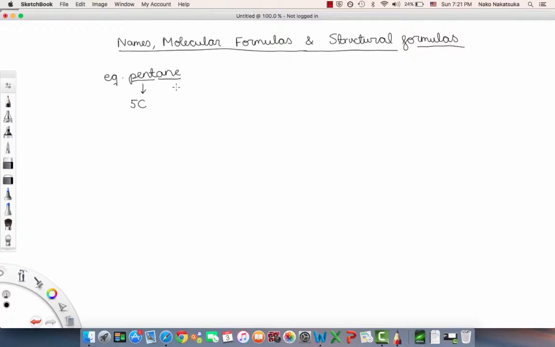Since the suffix is ane, it means that you have an alkane, meaning that you don't have any double or triple bonds. So this is a very simple structure where you have 5 carbons lined up like so, and then you have 1, 2, 3, 4, 5, 6, 7, 8, 9, 10, 11, 12 hydrogens in order to satisfy the 4 bonds for the carbons.